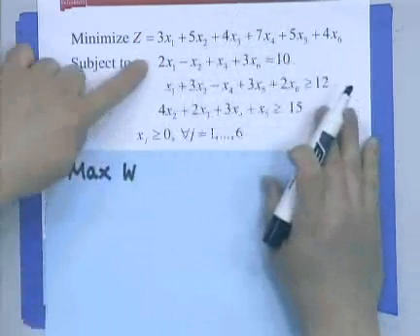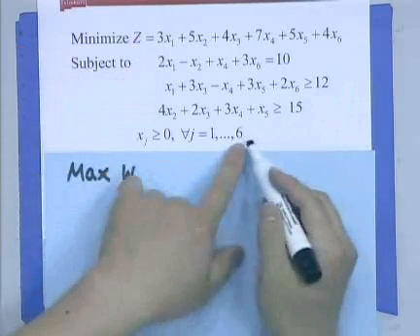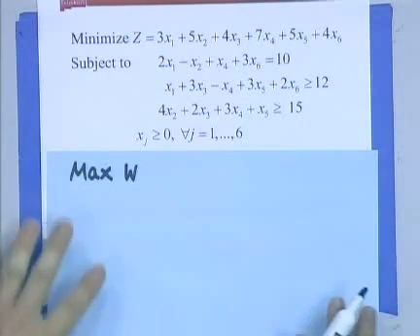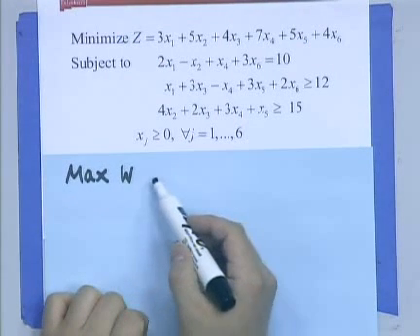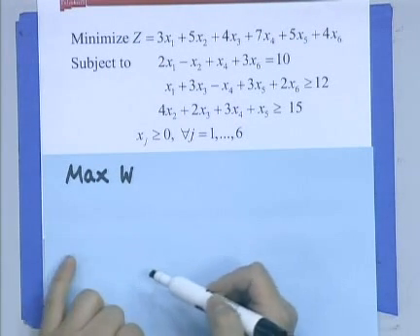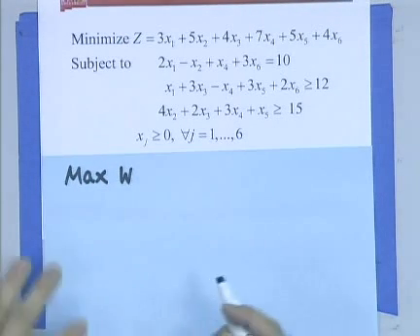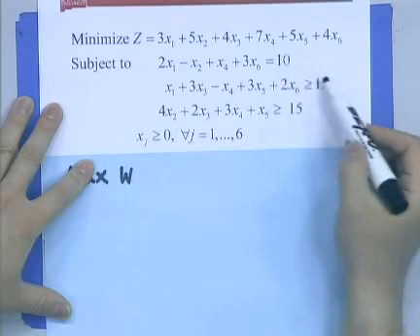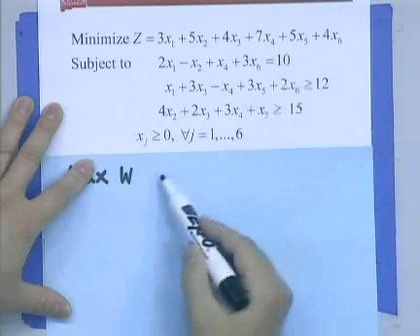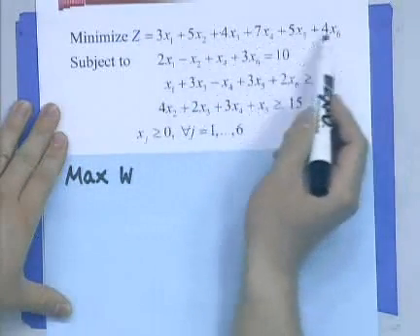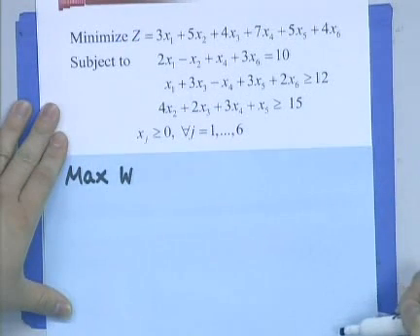And in the minimization problem we have 6 decision variables, which implies we must have 6 different constraints in the maximization problem, right? And the right-hand side values serve as objective coefficients, and the objective coefficients become the right-hand side values, right?